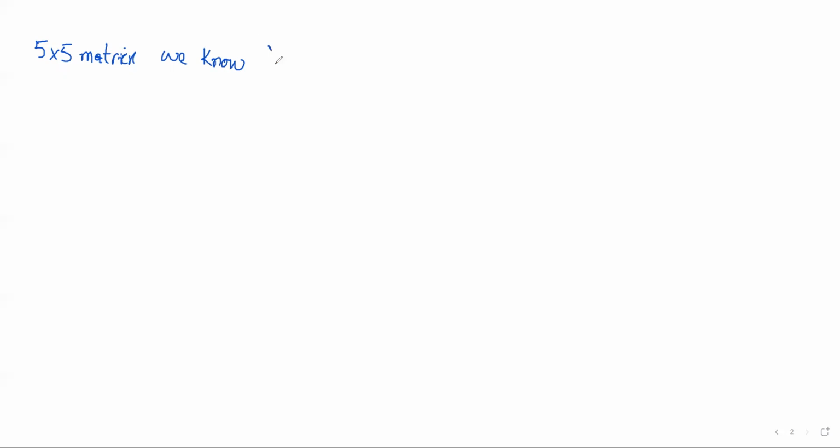The eigenvalues are -3, 1/2, 1, 2, and 4. We know the 5 eigenvalues, but we don't know the matrix. Can we find the determinant of this matrix? Suppose the matrix is A.